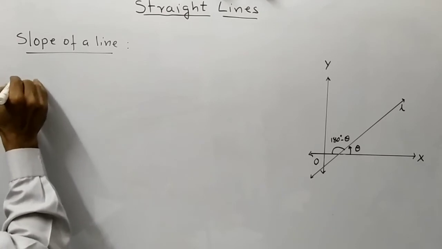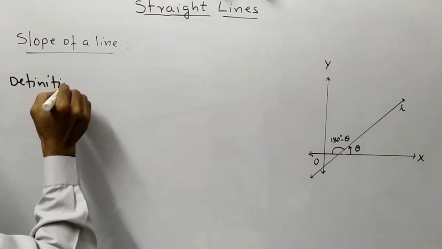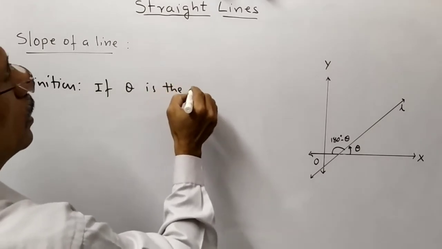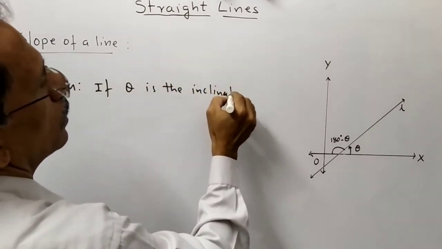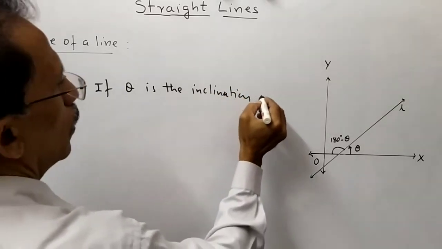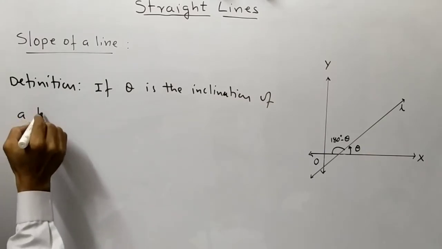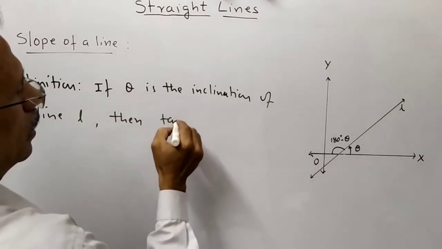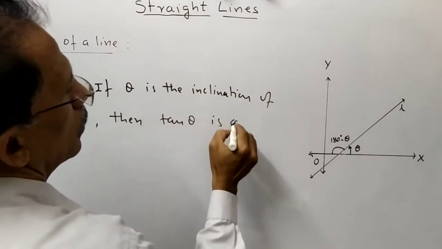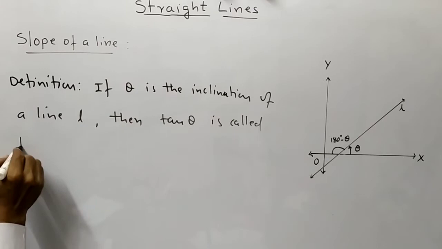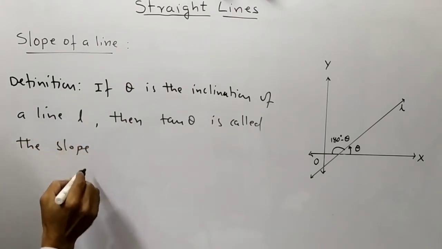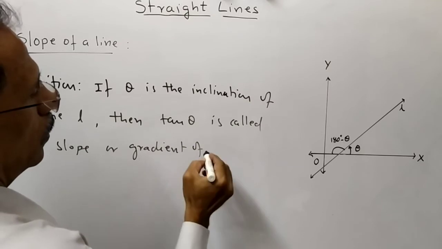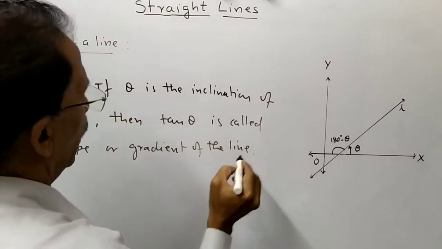Definition. If theta is the inclination of a line L, then tan theta is called the slope or gradient of the line.